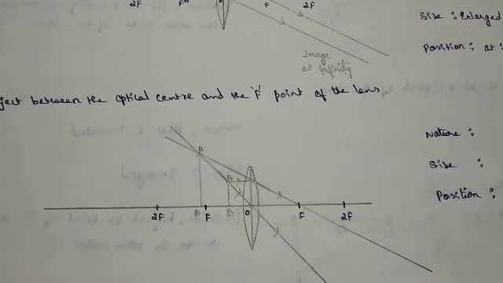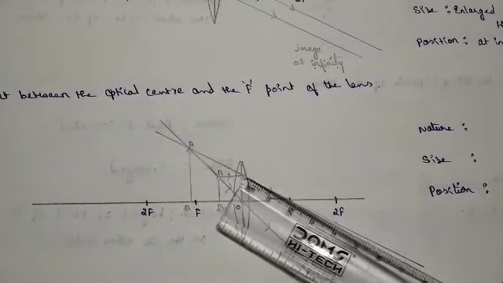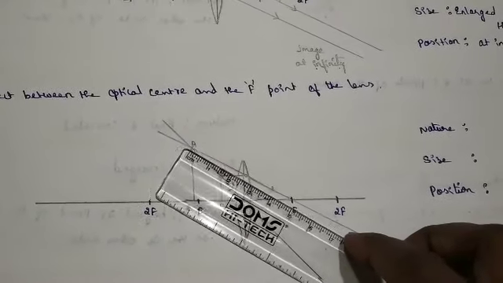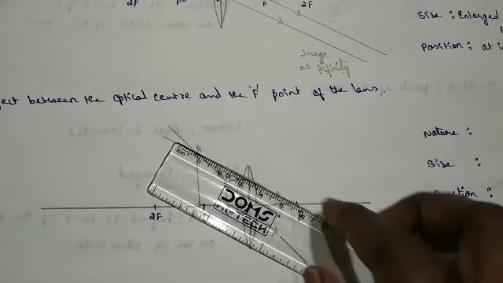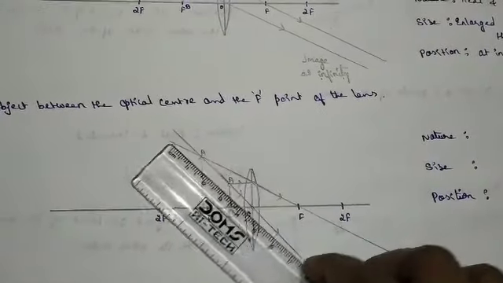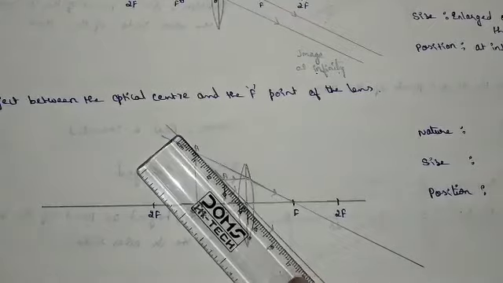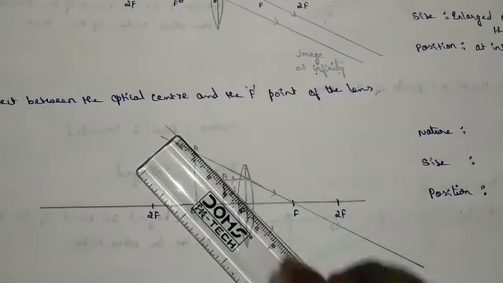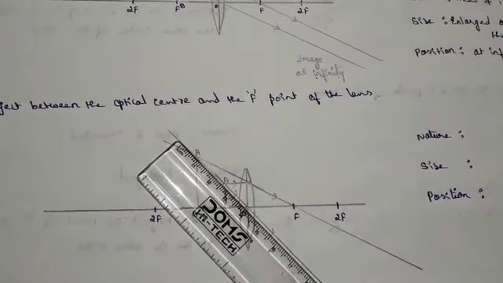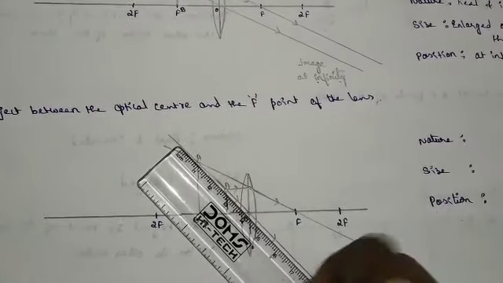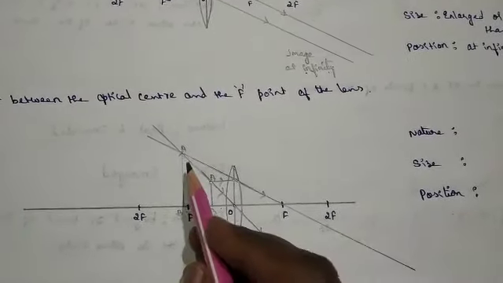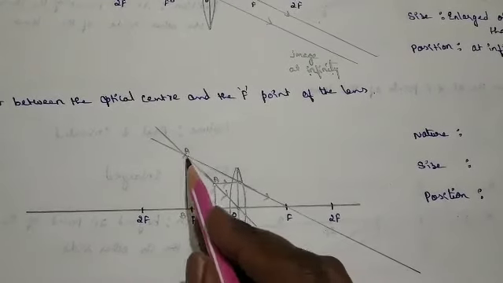So when it passes through the focus, it doesn't meet. Therefore, you extend the line at the back of the object. Even the line passing through the optical center, you extend back. Somewhere those two are going to intersect. So there the image is formed.